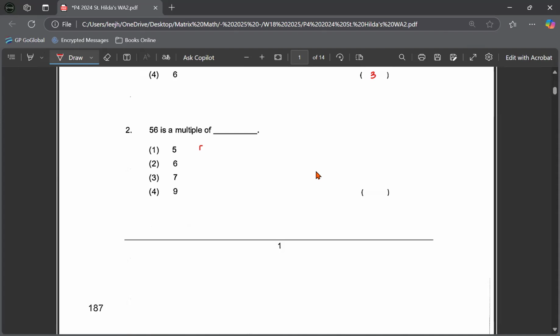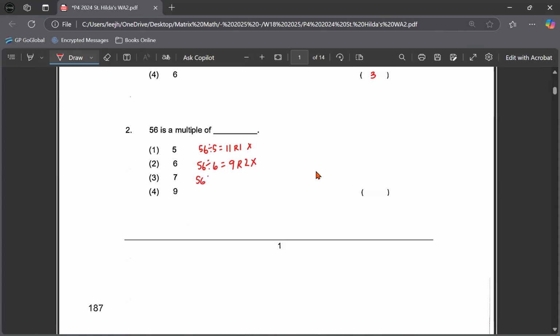If you take 56 divide by 5, right? It is actually 11, remainder 1. So 5 cannot. 56 divided by 6 is actually 9, remainder 2. Also cannot. As long as it's a remainder, that number cannot be. 56 is not a multiple of that number.